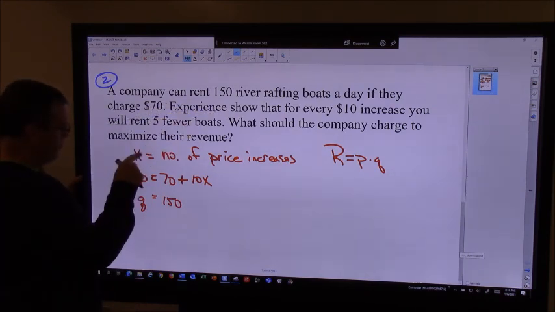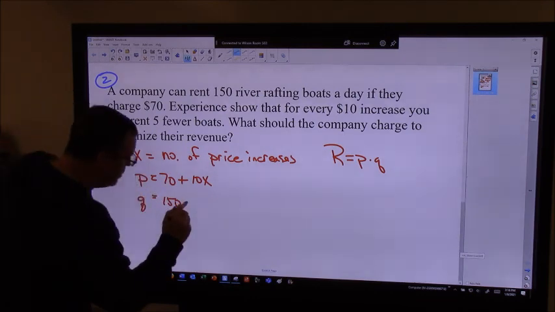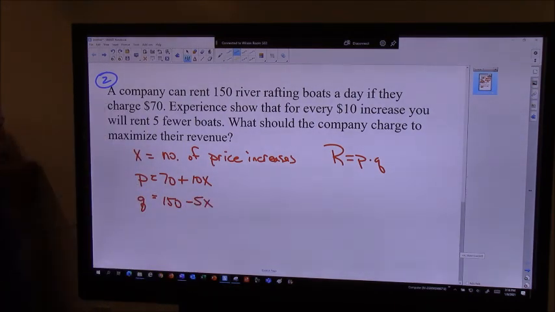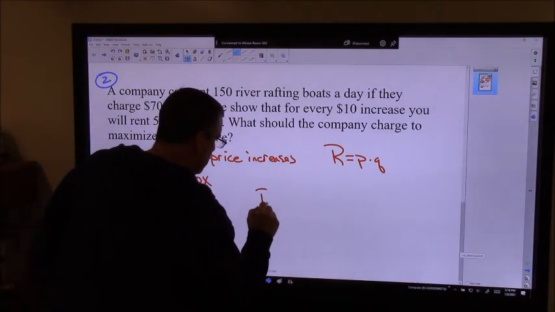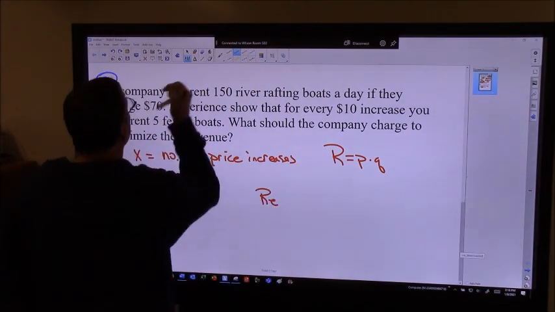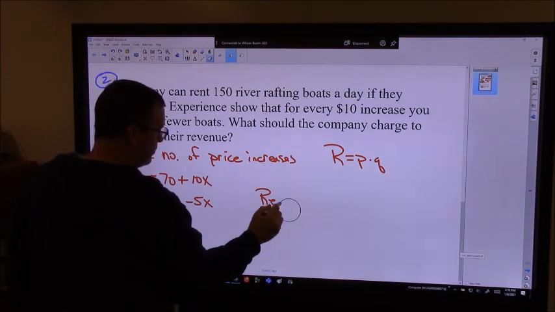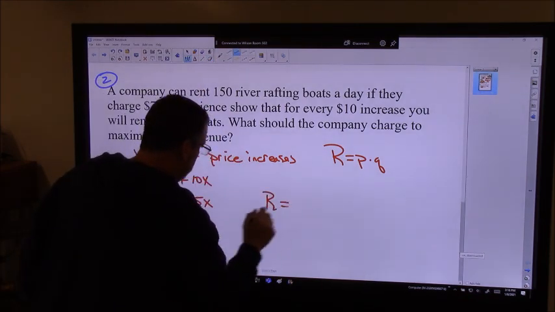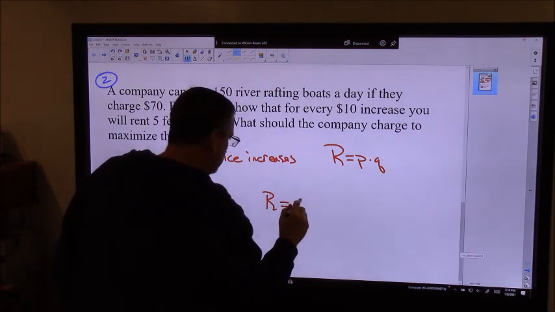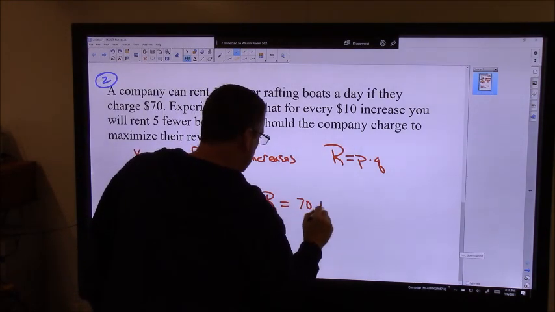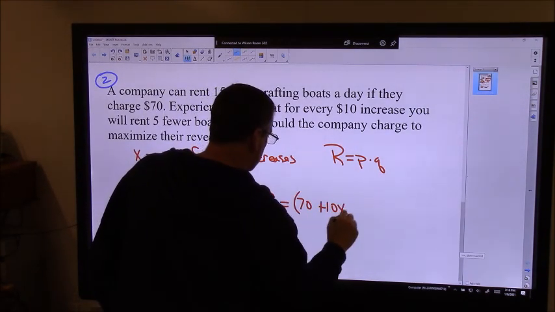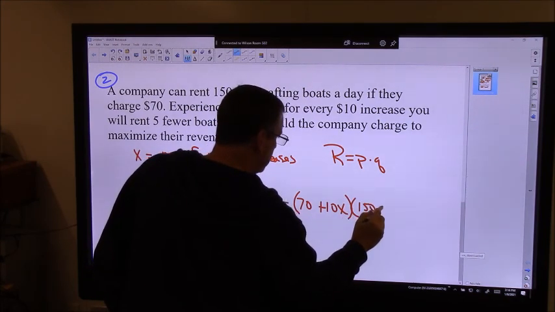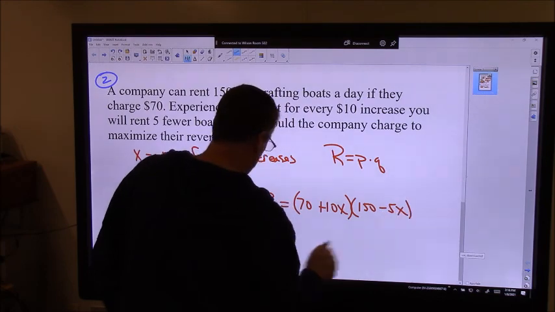So this is my number of times I raise the price. So minus 5x. And now I can say revenue equals price, which is 70 plus 10x, times the quantity, which is 150 minus 5x.